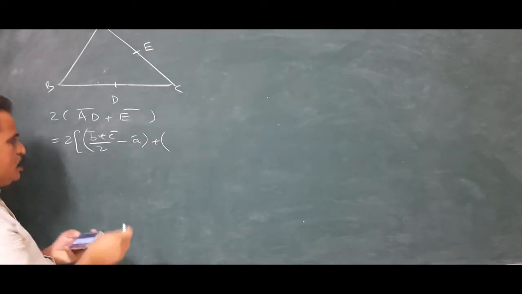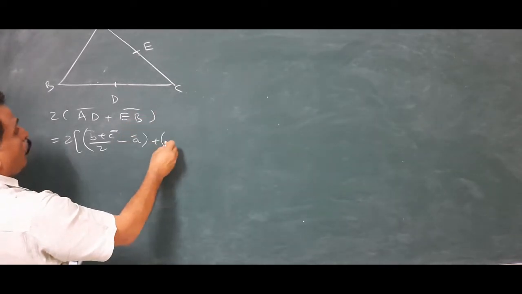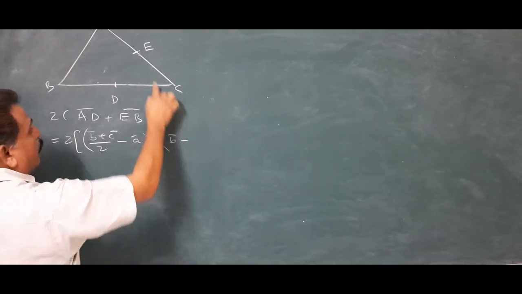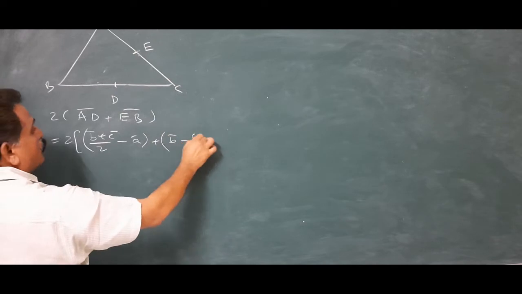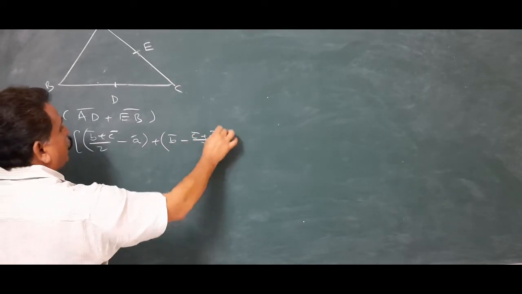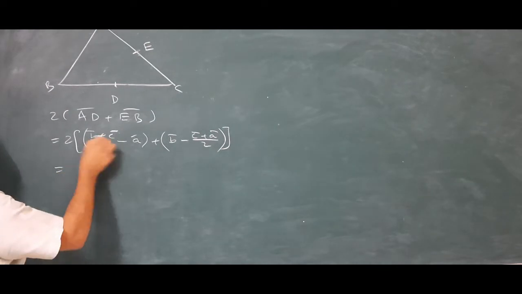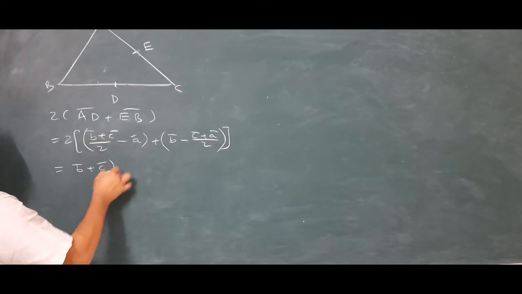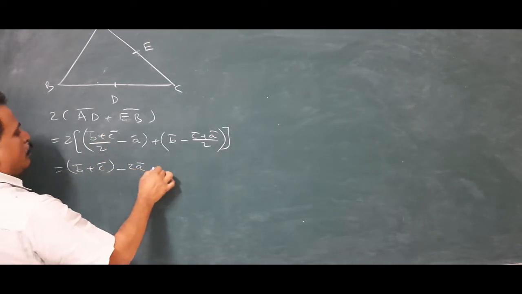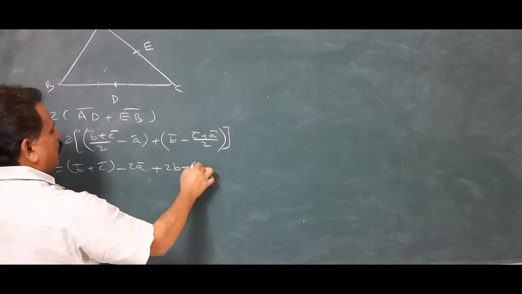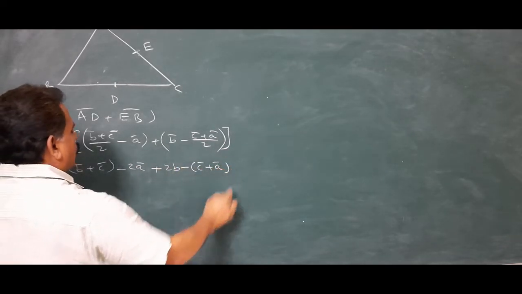Look here, EB bar is OB bar, that is B bar, minus OE bar. OE bar is C bar plus A bar by 2. Simplify this: B bar plus C bar minus 2A bar plus 2B bar minus C bar plus A bar.